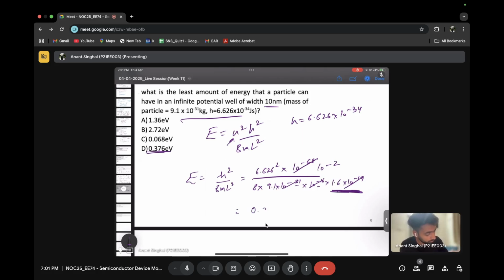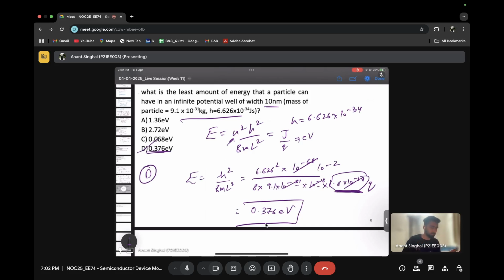The answer that you got was in joules, so I've divided it by an extra q to convert it into electron volt. So this is 1.6 times 10 to the power minus 19, the electronic charge q. This formula gives you energy in joules. If you divide it by q, it will be in electron volts. So are you getting this only, right? You just divide your answer by this, you will get the same, I guess.